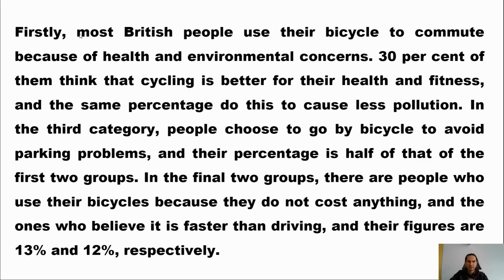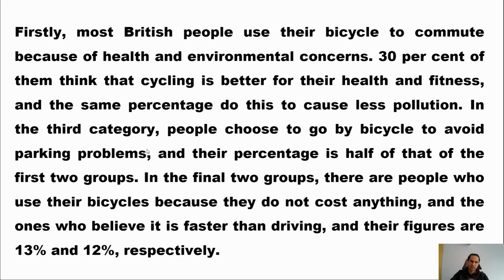Okay? Again, most British people use their bicycle to commute because of health and environmental concerns. So I give again the general idea for the first chart. 30% of them think that cycling is better for their health and fitness, and the same percentage, so it's 30% again, do this to cause less pollution.